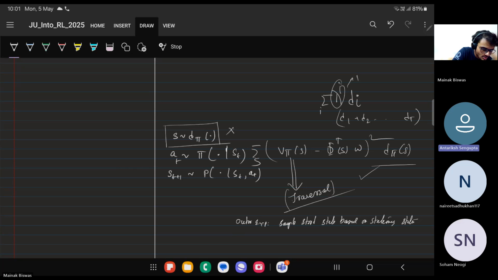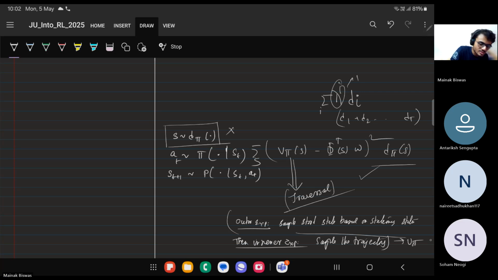Once you sample the first state from the stationary distribution, then the inner expectation is sampling the trajectory. That is V pi. So there are two samplings here: first the start state, and then the trajectory depending on the start state.